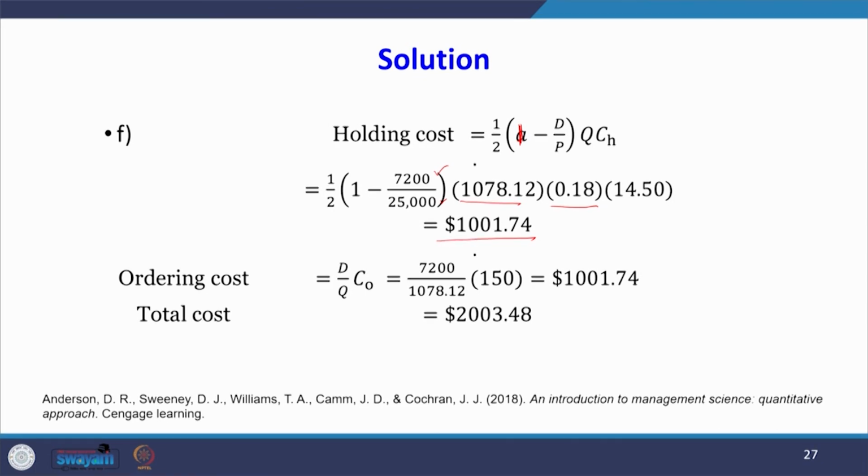The ordering cost is equivalent to the total setup cost: number of setups D by Q multiplied by setup cost. So, the holding cost is 1001.74 and the ordering cost is 1001.74. So, the total cost is $2003.48.